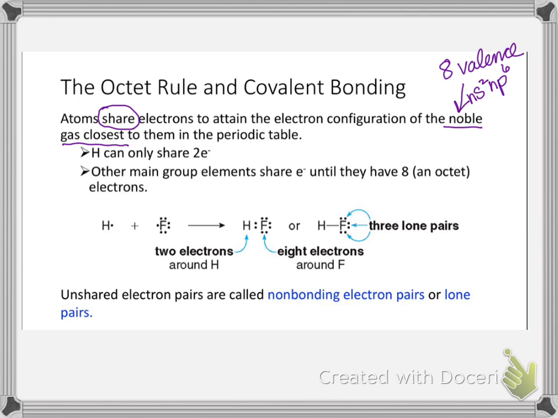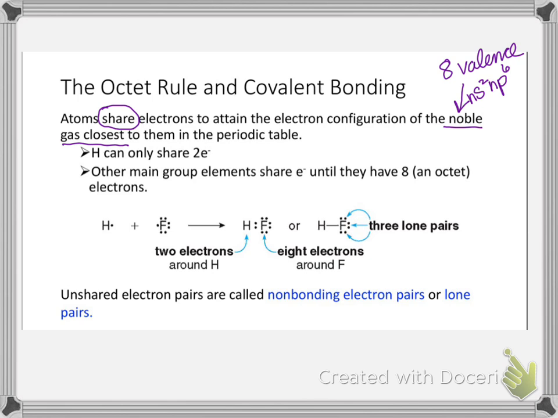So the noble gases have 8 valence electrons, which is the maximum, and this is very stable. So other atoms in bonding try to also have 8 valence electrons so that they also may be stable. So the octet rule applies to covalent bonding.